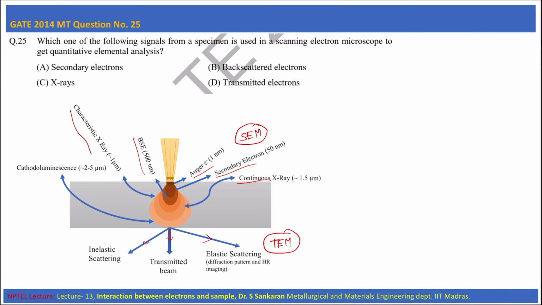As we have seen, secondary electrons give topographical contrast, backscatter gives us the Z contrast, and X-rays, or characteristic X-rays, give us the elemental or composition contrast, and also the concentration of that element. So the correct answer will be option C, X-ray.